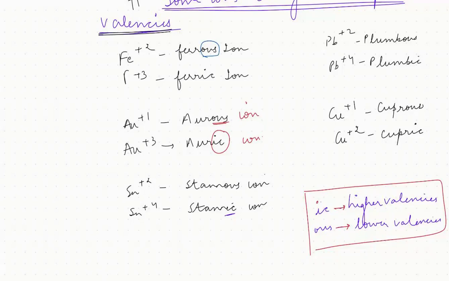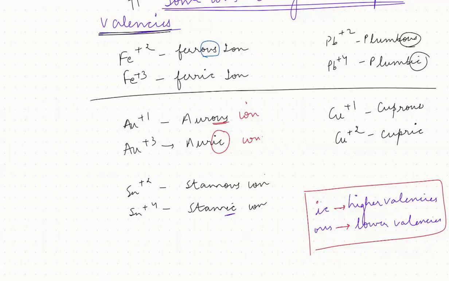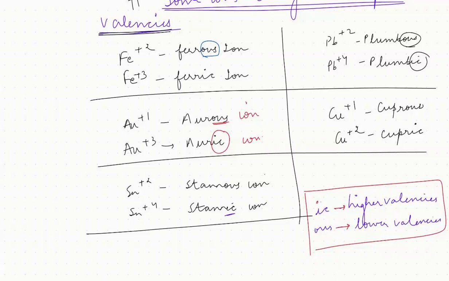Pb plus 2 is the lower valency, and plumbic would be the higher valency. Got the point or not? Ic is higher and us is lower.